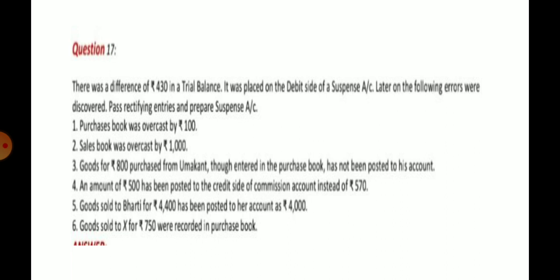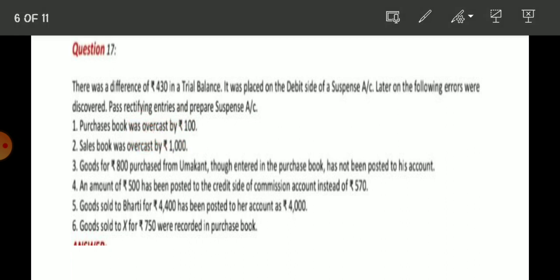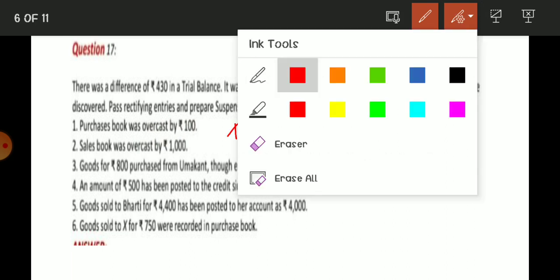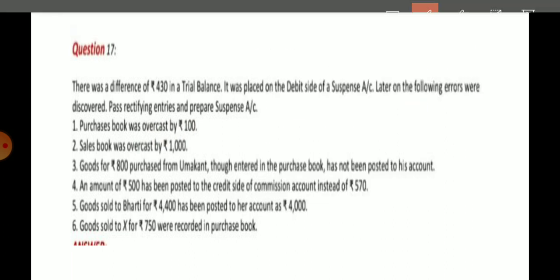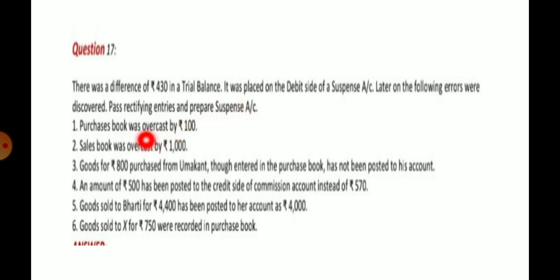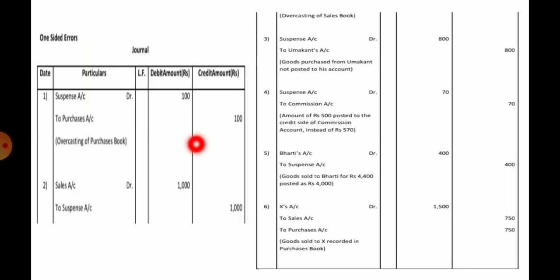When the word overcast is written, it means the balance is wrongly increased. So when the balance is wrongly increased, you have to decrease this amount, so it will be credited. What will be the entry?